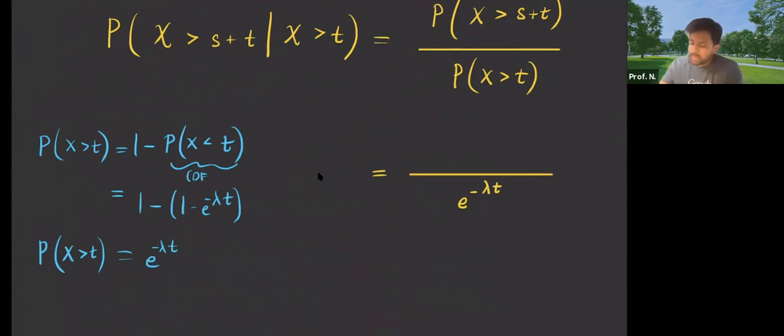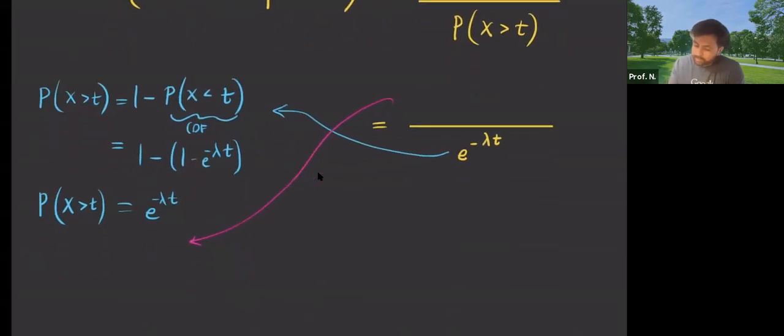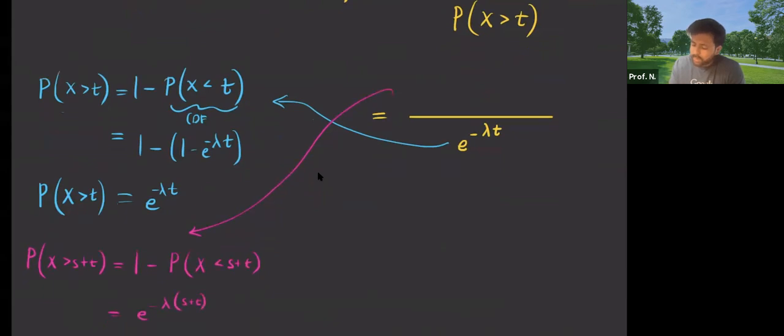Now, what is the numerator going to look like? This is the denominator. What is the numerator? The probability that x is bigger than s plus t. That's equal to 1 minus the probability that x is less than s plus t, which is e to the negative lambda times s plus t.